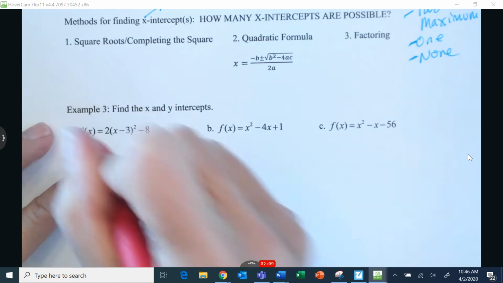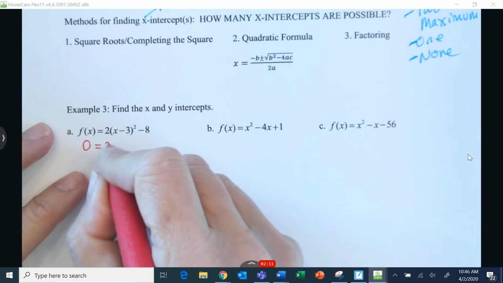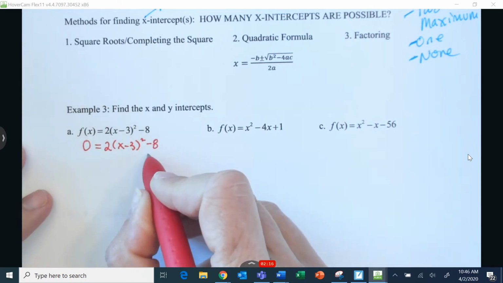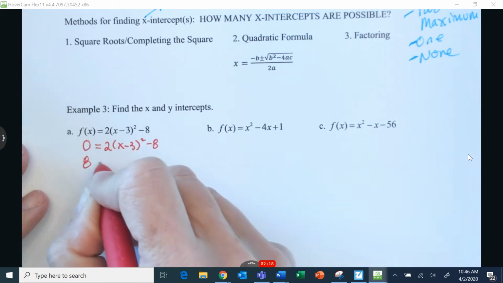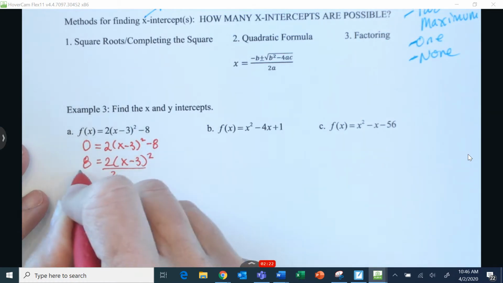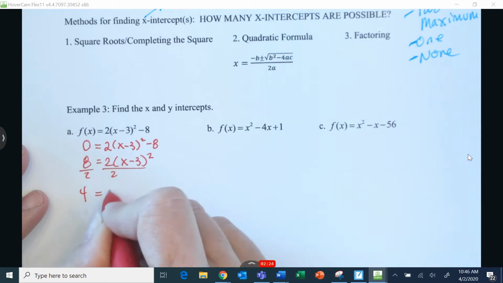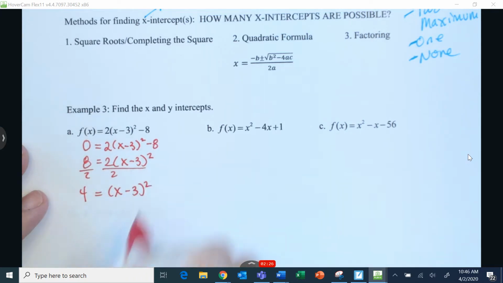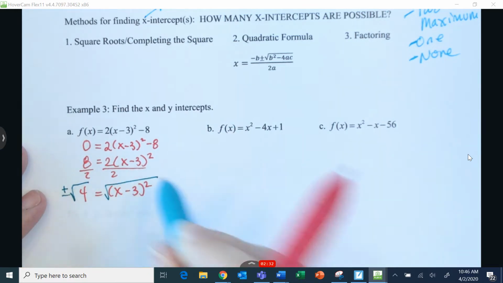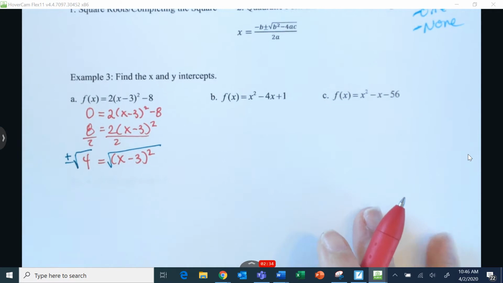First of all, make y 0. Then we're going to solve for x, so move the 8. Then divide everything by 2. And then at this point you have to square root. Remember, when we square root, we plus or minus. So we're going to get 2 solutions.